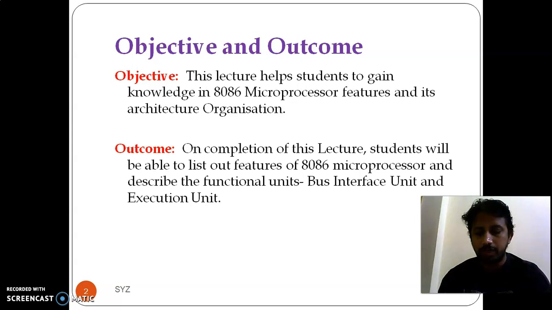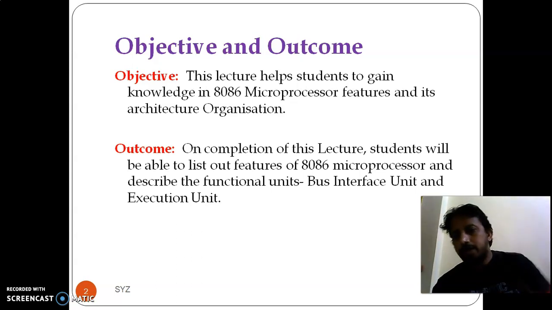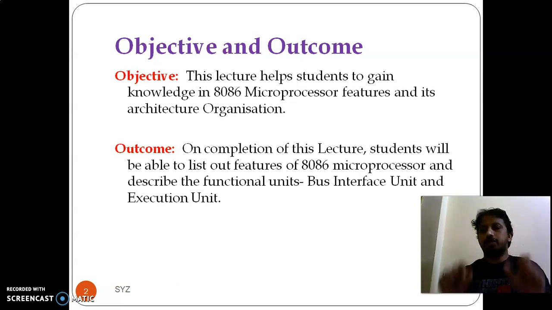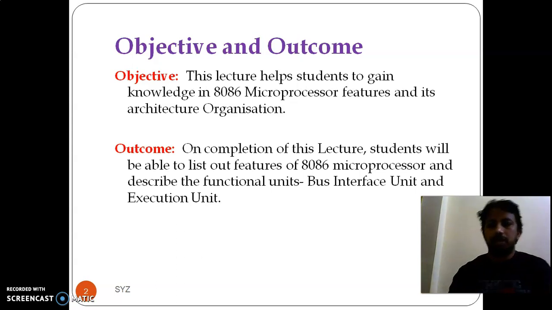Once a student has completed this lecture, he would learn how the architecture is designed, what its different units are, and how the execution unit and bus interface unit are neatly classified, as projected in this video.